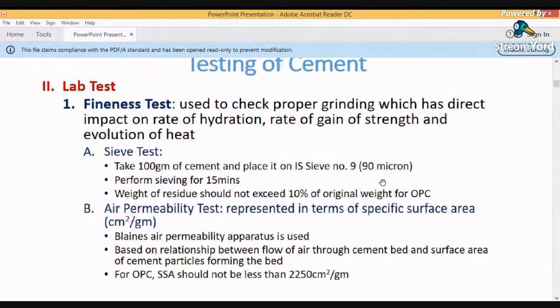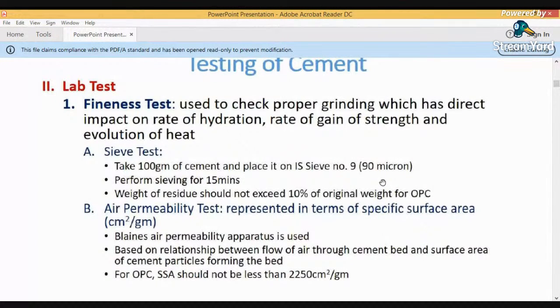We do this fineness test using Blaine's air permeability apparatus, which is generally used to measure the fineness of the cement.